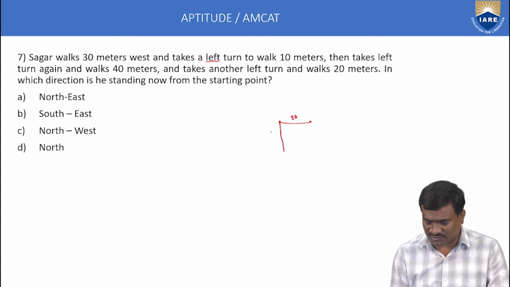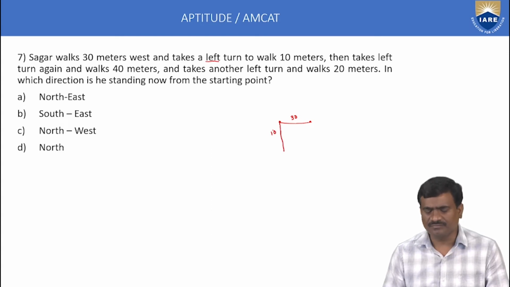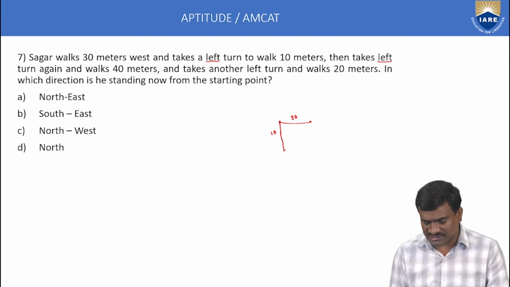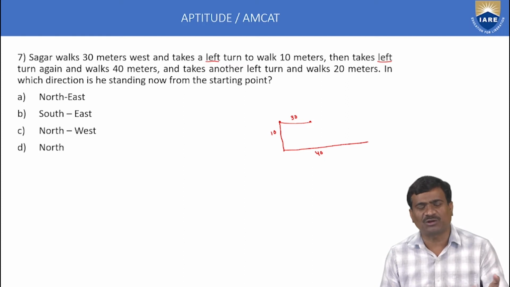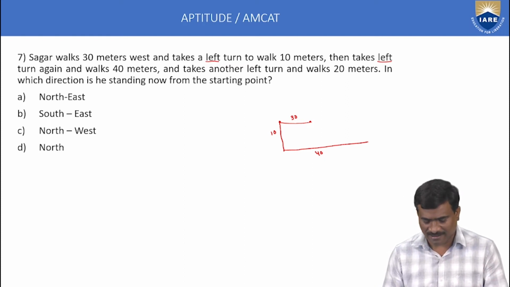Then again he takes left, 40 meters. But the distance above is 30 and below is 40, both are not equal. Next, left 20 meters. This point is called the final point.